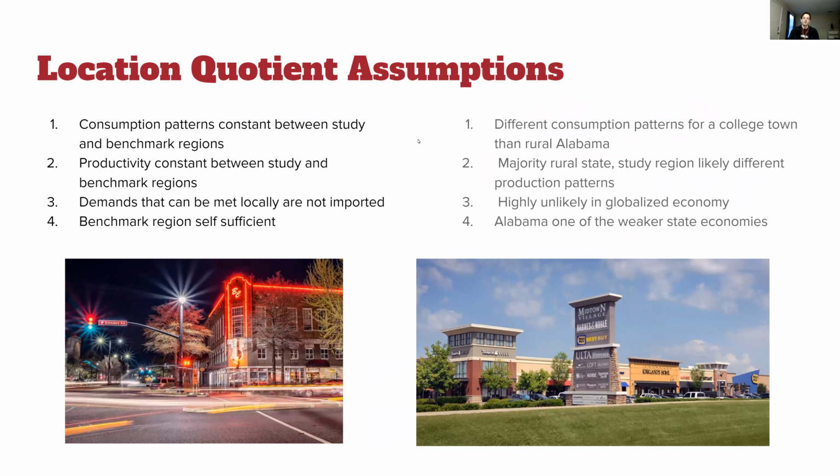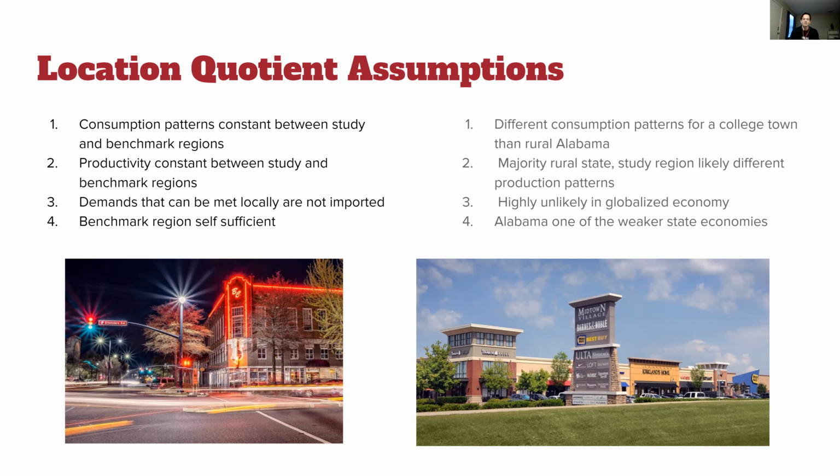So before we draw any conclusions, I want to talk about the location quotient assumptions again. We assume that consumption patterns are constant between the study area and benchmark regions, but obviously there are different consumption patterns for a college town than for rural Alabama. We assume that productivity is constant between study and benchmark regions, but the relatively urban Tuscaloosa produces different products than rural Alabama does.